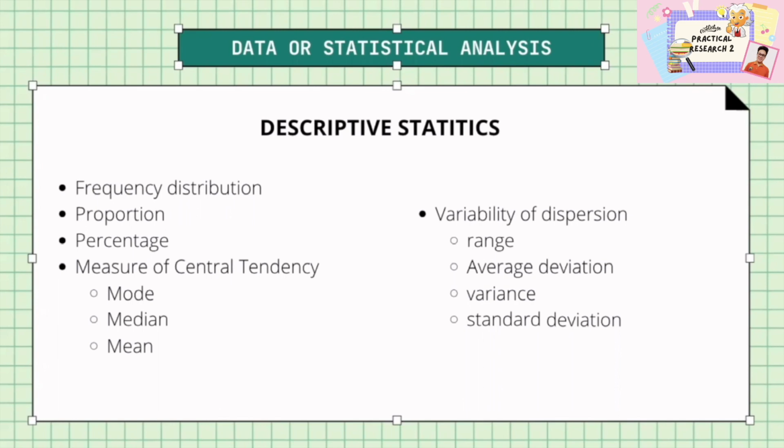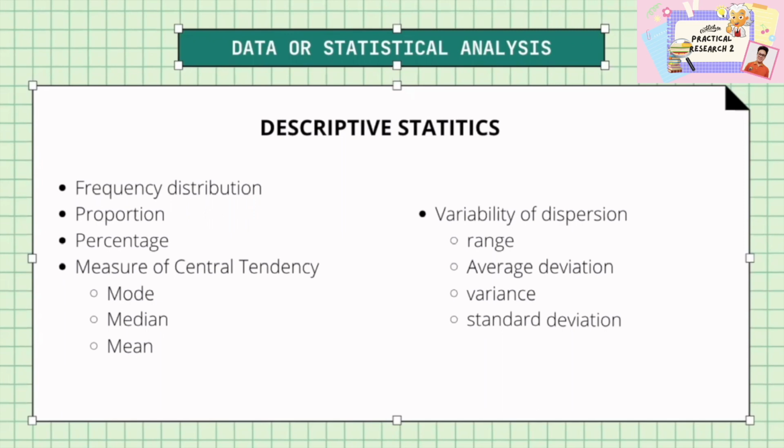Because we have this statistical analysis. Frequency distribution is the record of the number of individuals or cases located in each category on the scale of measurement. We also have the so-called frequency distribution table where you will see everything.